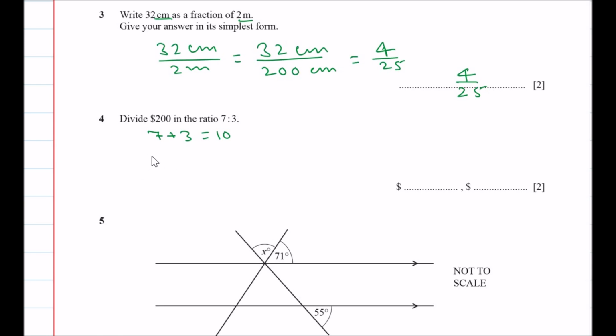So 7 by 10 into 200, and that gives us 140. Here it will be $140. Now the other ratio is 3. So 3 by 10 into 200, and that gives us 60. So here $60. I hope this is clear to you.